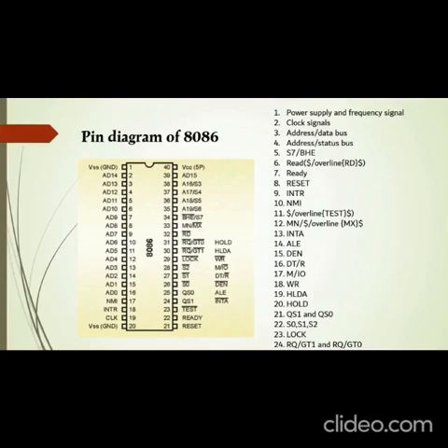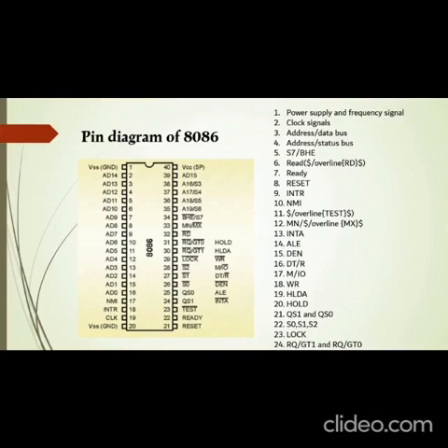ALE stands for address latch enable and is available at pin 25. A positive pulse is generated each time the processor begins any operation. This signal indicates the availability of a valid address on the address or data lines.